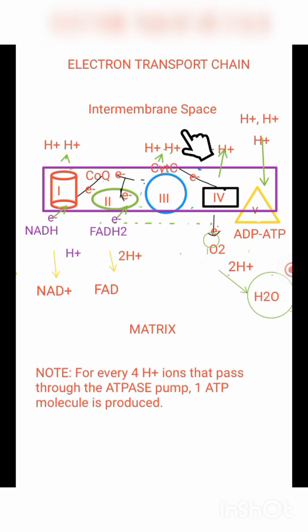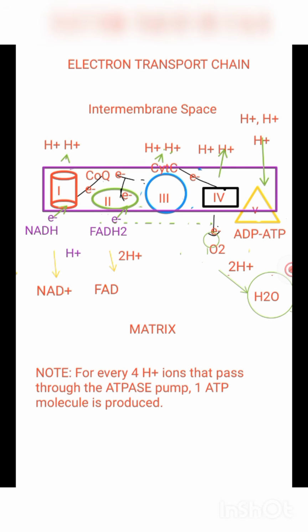So if you do your maths well, you're going to realize that the 4 in complex 1, 4 in complex 3, and 2 in complex 4 will form a total number of 10 protons that are pumped into the intermembrane space.